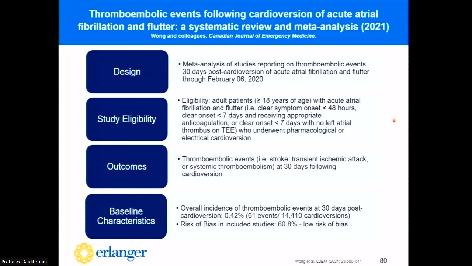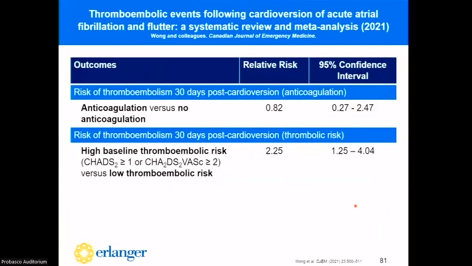Overall, they had very low incidence of thromboembolic events, just 61 events in 14,410 cardioversions. And in general, just as a note, the risk of bias in the study was overall pretty low. What they found was that the risk of thromboembolism at 30 days post-cardioversion was relatively similar between patients that received anticoagulation versus patients that didn't, highlighting that this risk is generally pretty low.